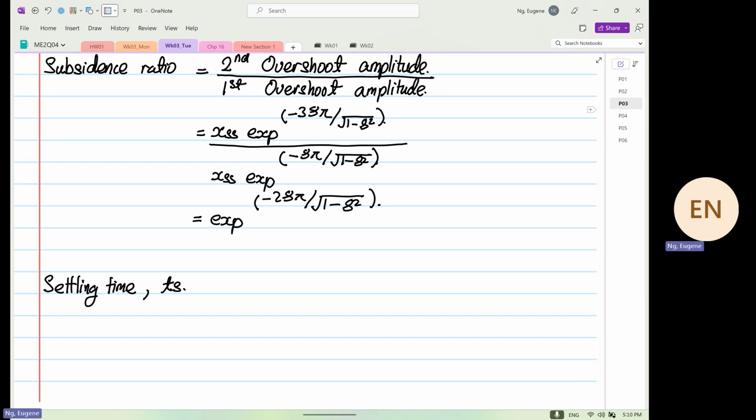So basically, the settling time is the time taken for the oscillation to settle down.